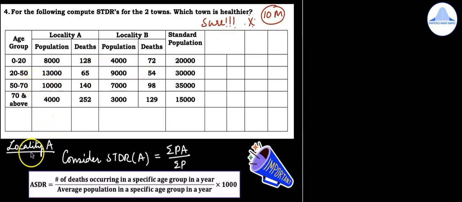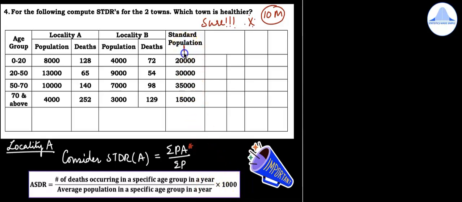So let us first write locality A. The formula for STDR, standardized death rate, is: STDR of A is summation PA divided by summation P. This A is the ASDR, that is age specific death rate, which is number of deaths occurring in a specific age group in a year divided by average population in a specific age group in a year into 1000.